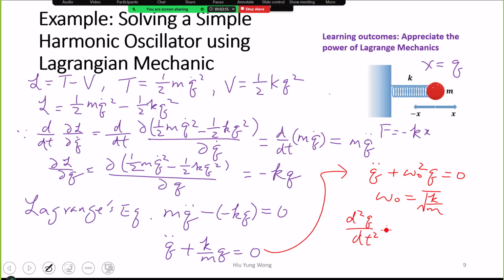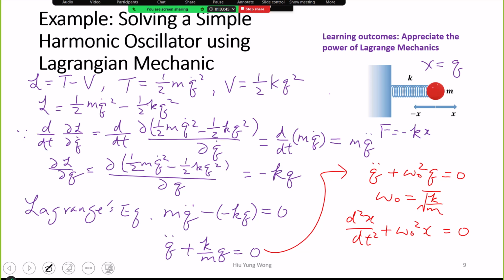Or maybe even better, we just call this x. This tells me how its position changes as a function of time. And you know the solution to this is just A cosine omega t plus B sine omega t, which means it's oscillating, which is correct, right?